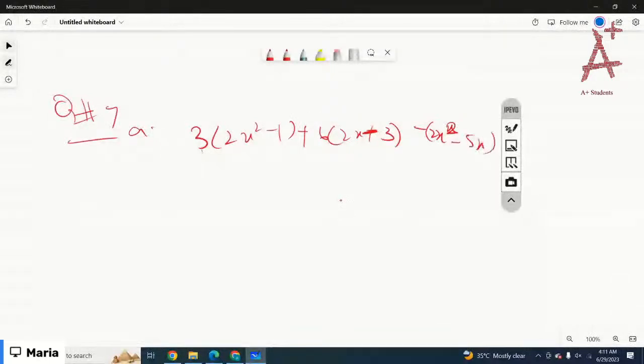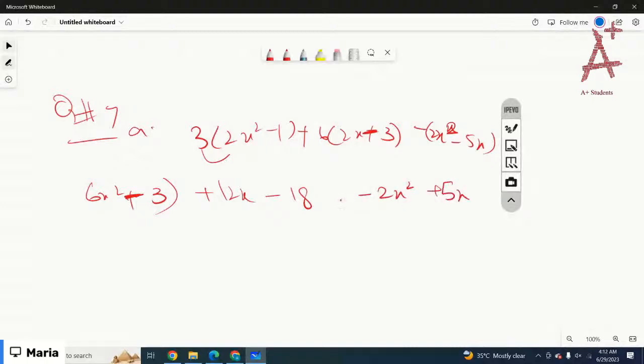So let's just solve. 3 times 2 is 6x² plus 3 times 1 is 3. Here you have a negative sign, minus 3. Then you have 6 times 2 is 12x and 6 times 3 is 18, negative 18. Then you have minus 2x² and minus minus, plus 5x.